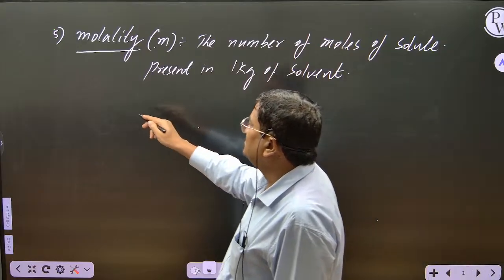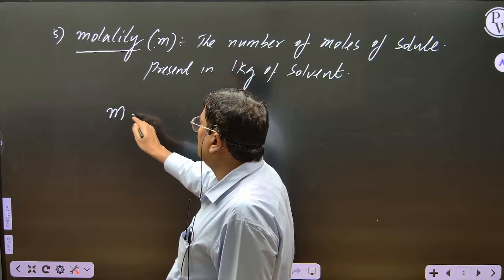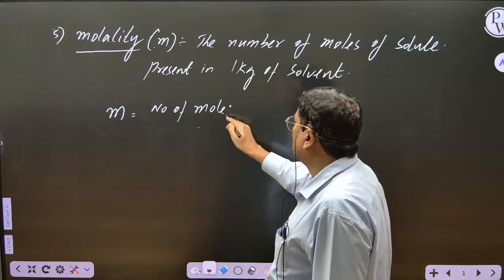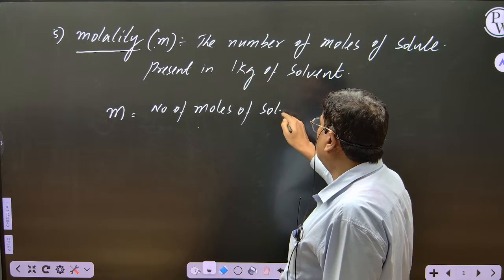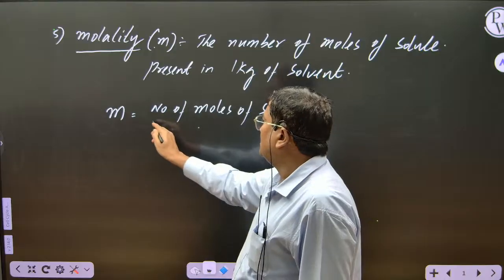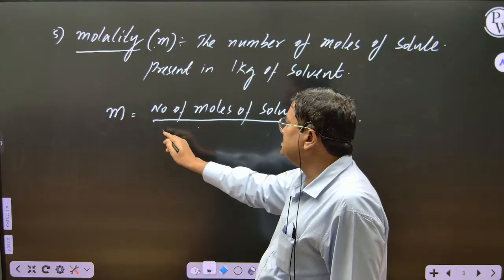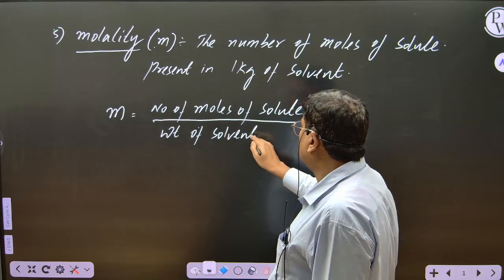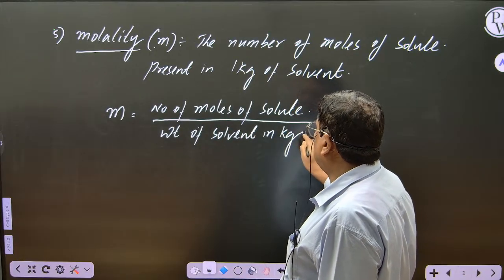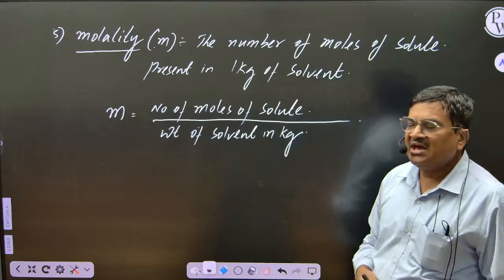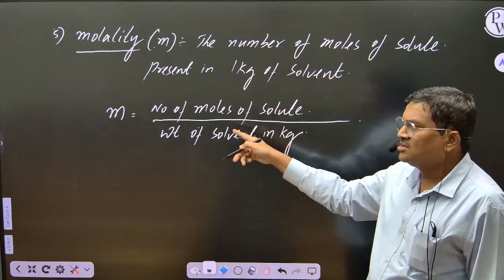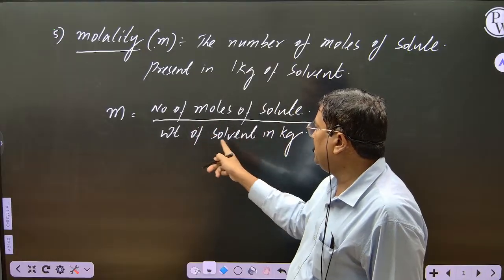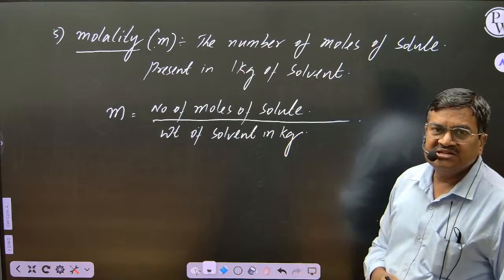So mathematically, molality is shown by number of moles of solute upon weight of solvent in kg. So this is the relation for molality. See the relation, copy it. Molality is given by number of moles of solute upon weight of solvent in kg.